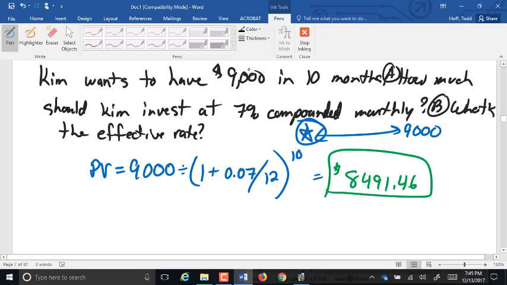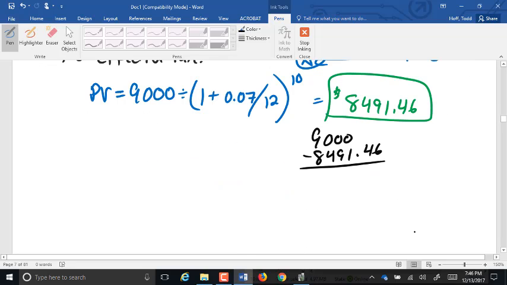That's how much needs to be saved right now. Now, if I want to figure out the amount of interest, it's 9,000 minus the 8491.46, which is $508.54. That is the interest.